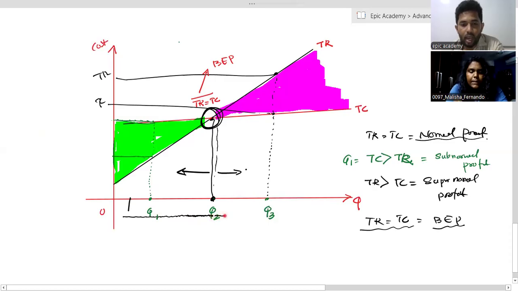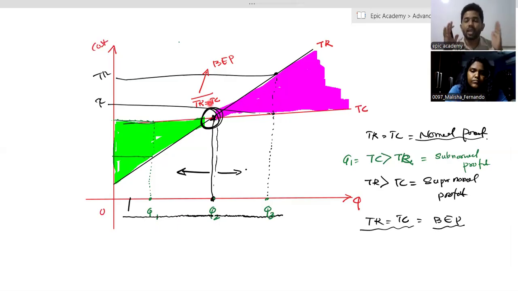After this one also, if you increase the production, what will happen? It becomes supernormal profit. So your break-even point represents the change in the profitability of the organization. This is the changing point. This is the crucial point of the organization, at which subnormal profit converts into supernormal. That is why we call it the break-even point.